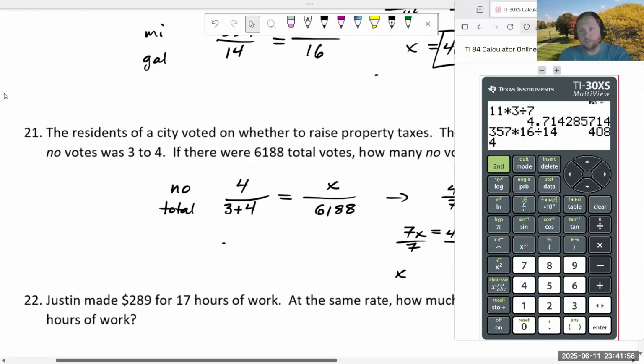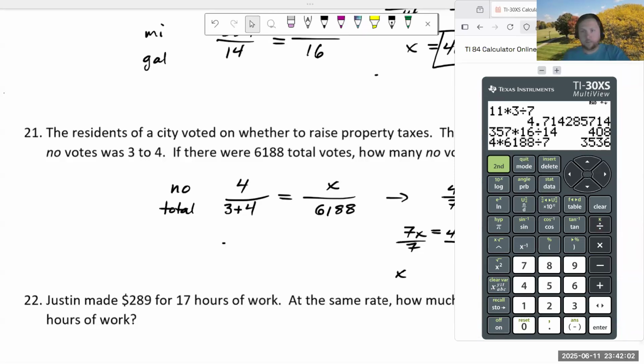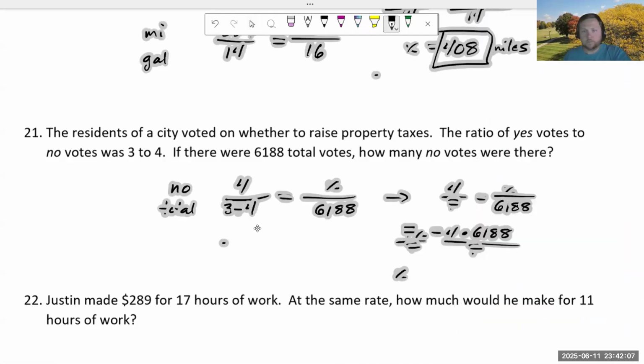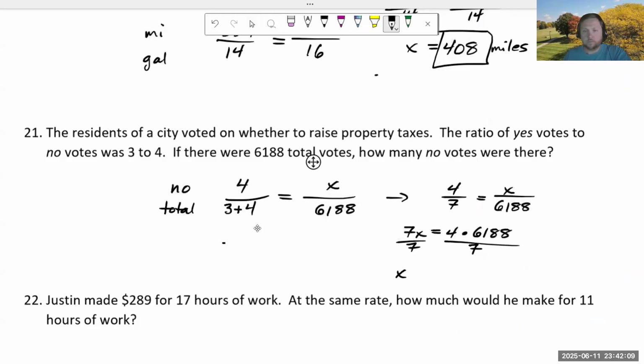Oops. So I get 3,536. And then that was the number of no votes.